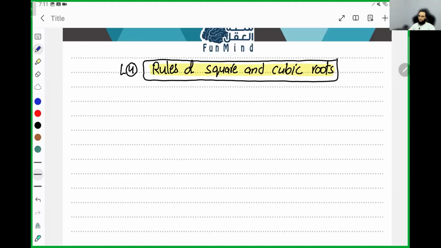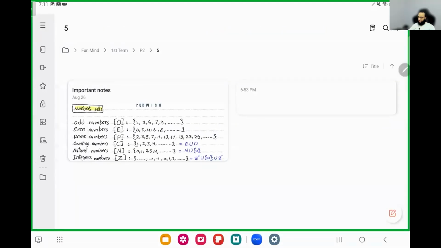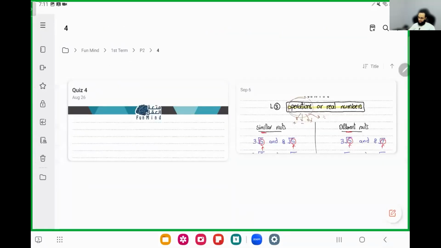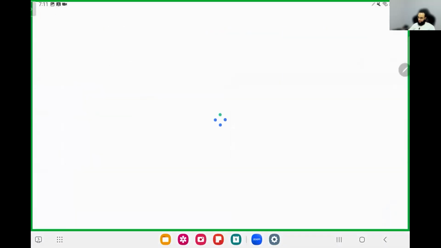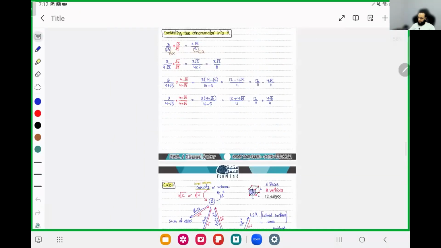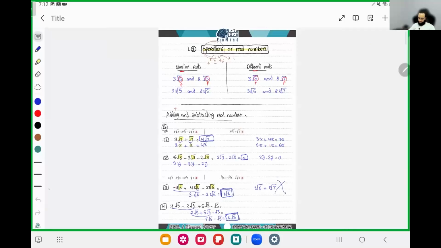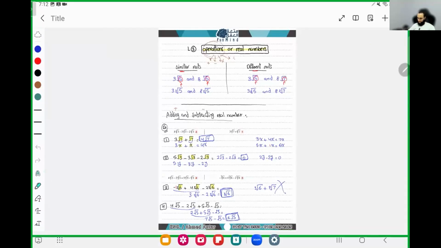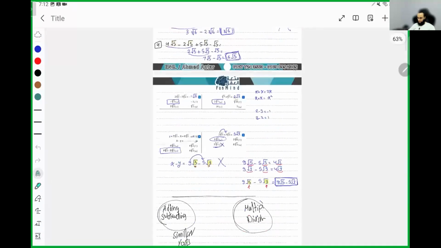Sir, what are these notes? The notes are the important things about the lesson. In the last lesson, we studied the operations on real numbers. That's the PDF that I sent. Correct? Correct. This is the first page and the second page.